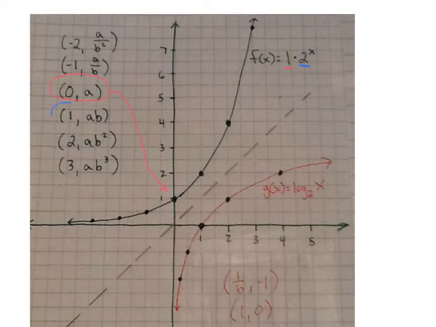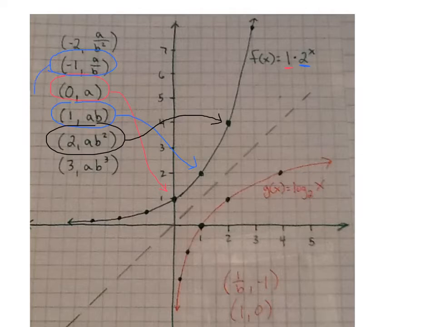So 1ab occurs at 1, 2, and then 1ab squared occurs at 2, 4. Moving the other direction, we have -1, a divided by b. So a is 1, 1 divided by 2 is 1/2. So at -1, 1/2, we have that point. And each time we move to the left, we're going to cut that value in half again, or divide by 2 again.